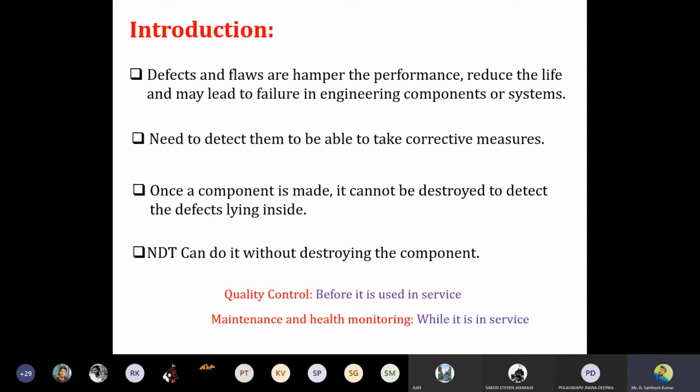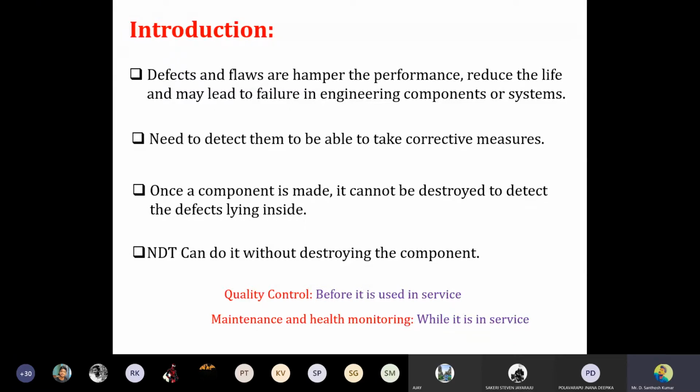That is why we are always trying to detect whatever defects or flaws are on the surface or maybe subsurface. It is necessary, otherwise it will obviously affect the performance of the component or engineering system.